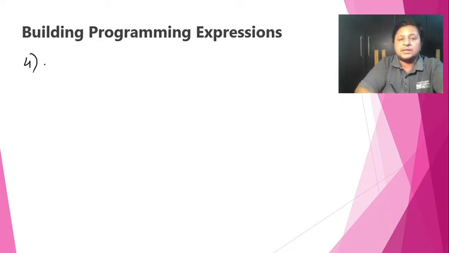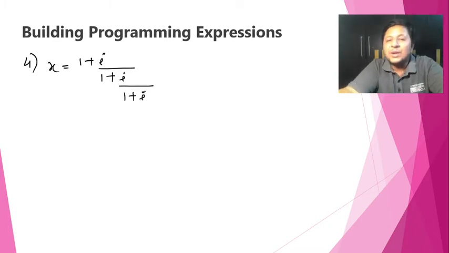Suppose I have something like this. Let's say x is equal to 1 plus I upon 1 plus I upon 1 plus I. Now this is a wonderful mathematical expression. I have to convert that to a programming expression without changing its meaning.